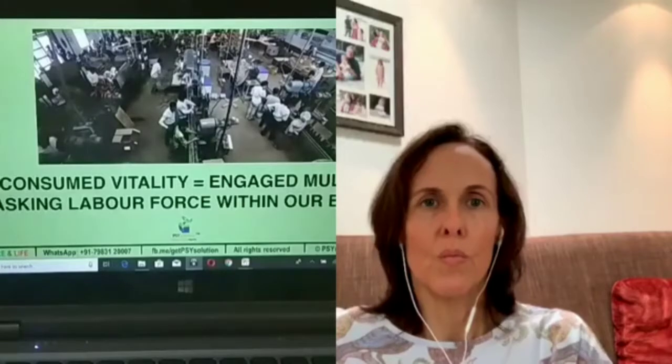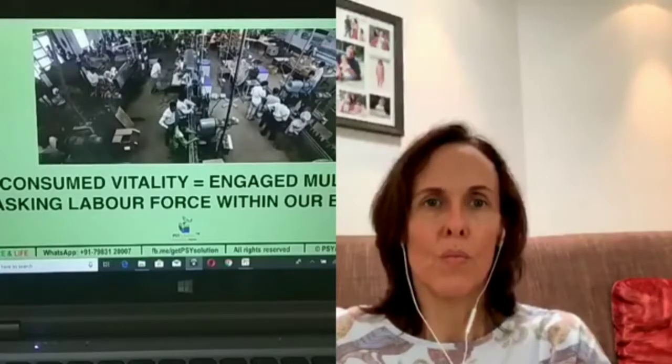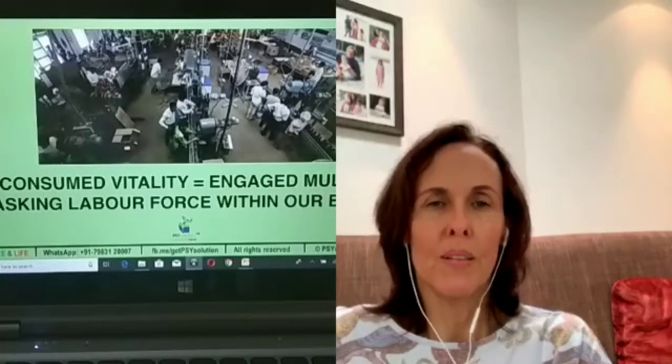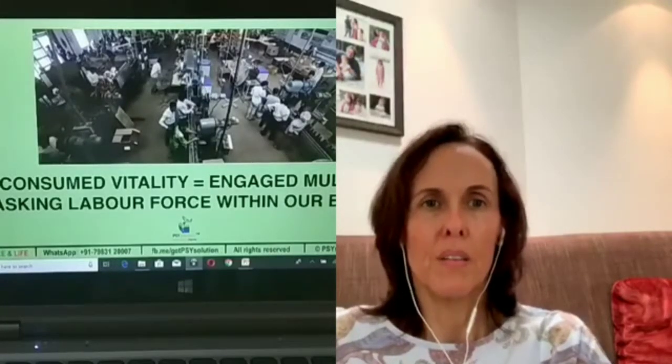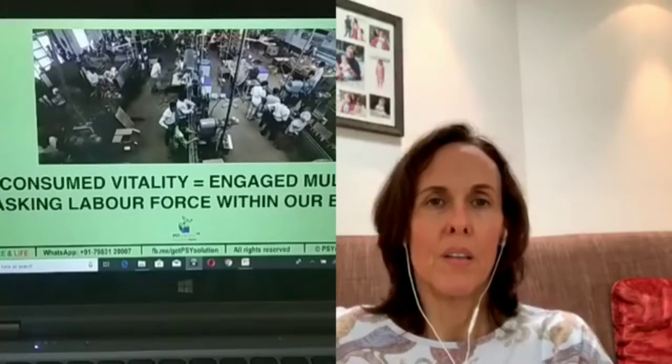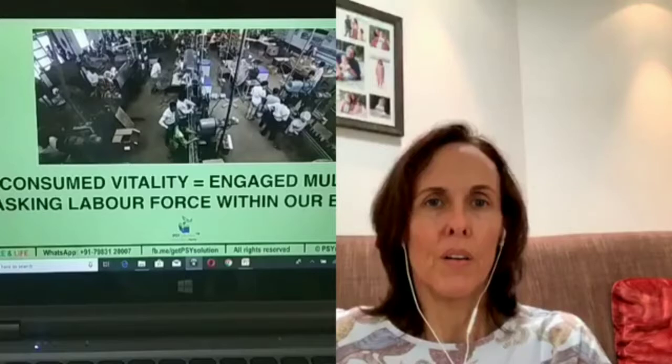As you see in the image, people are engaged in many activities in a factory. That factory is your body, and these levers are the vitality engaged in different activities, from blinking of the eyes to digesting, talking, thinking, listening, walking, dancing, everything. Those engaged vitalities we consider consumed vitality.